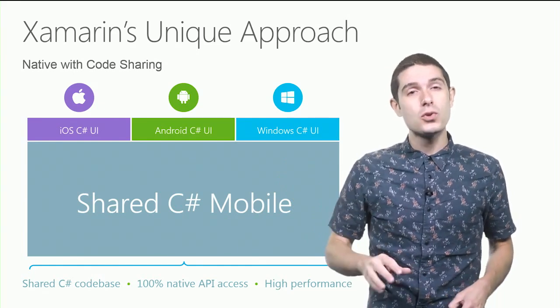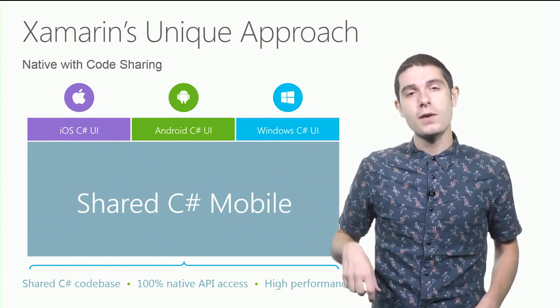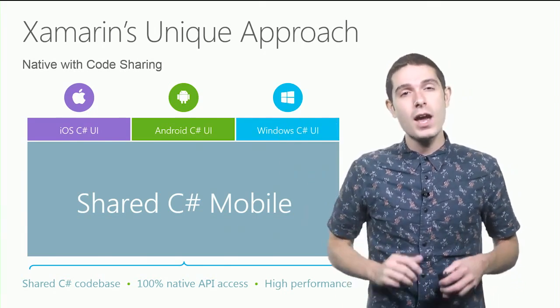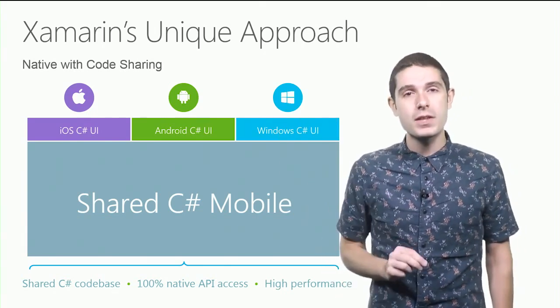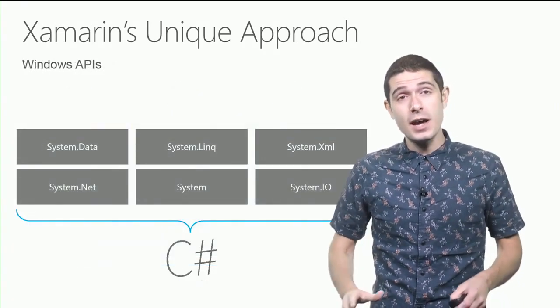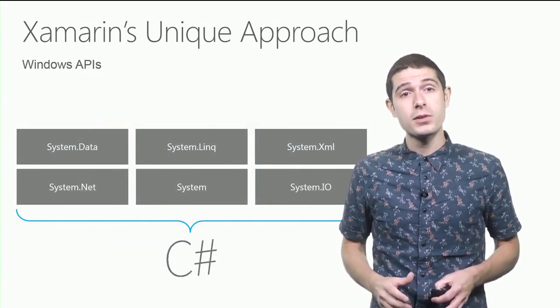And then we give you the tools inside of Visual Studio to craft great native experiences and user interfaces for iOS, Android, and Windows, and access all of the native APIs. Now, if you're a Windows developer today, the .NET libraries are going to look very familiar to you.